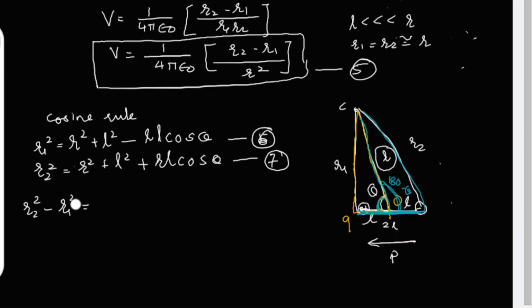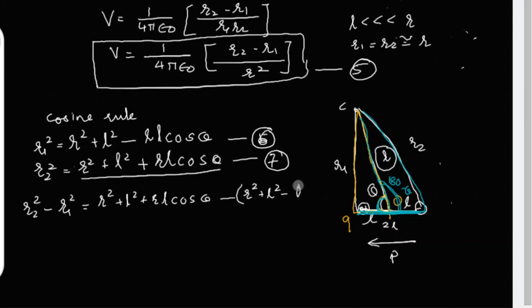Here is the value that I'm substituting: R square plus L square plus R L cos theta, minus sign is there, and I'm writing that minus sign. Everything as it is, I'll not miss that step: R square plus L square minus R L cos theta.